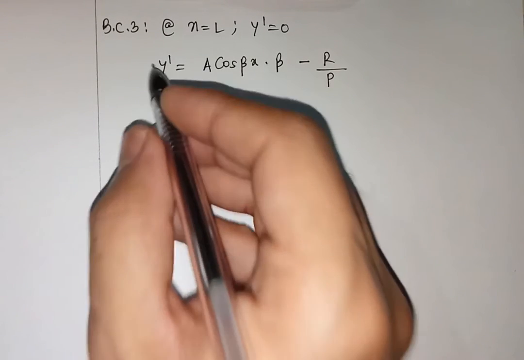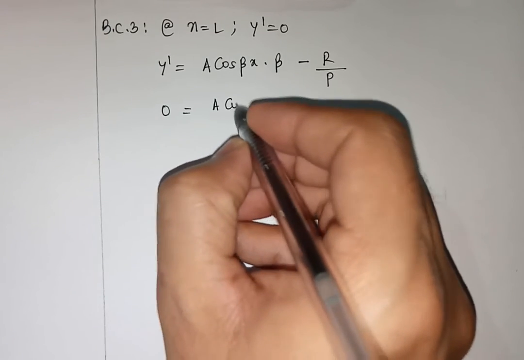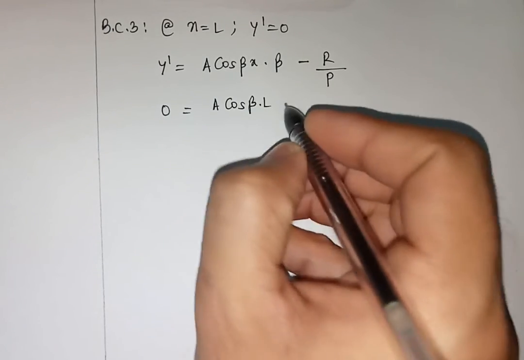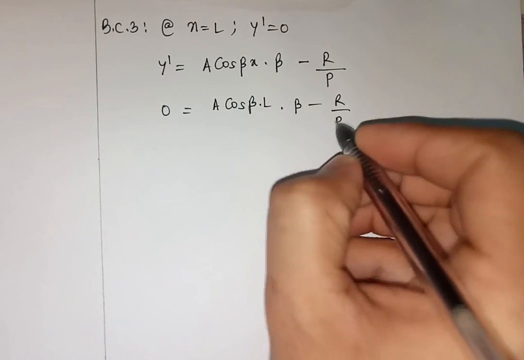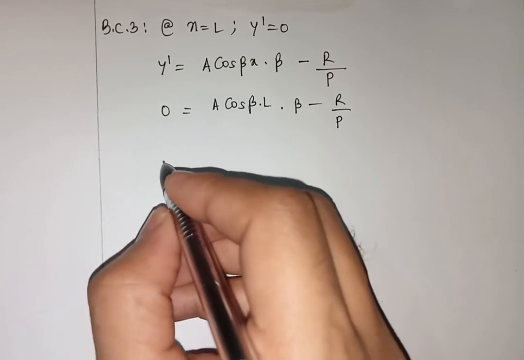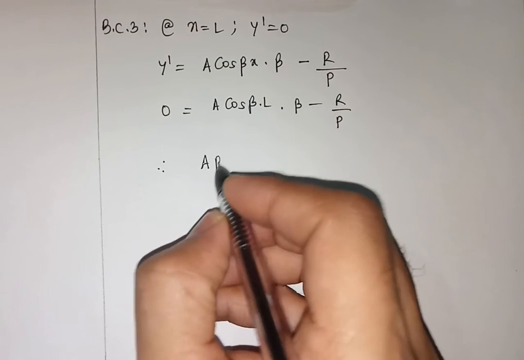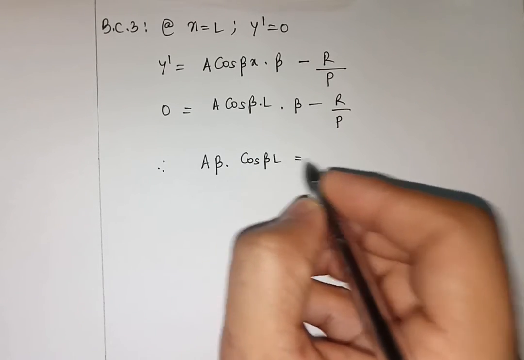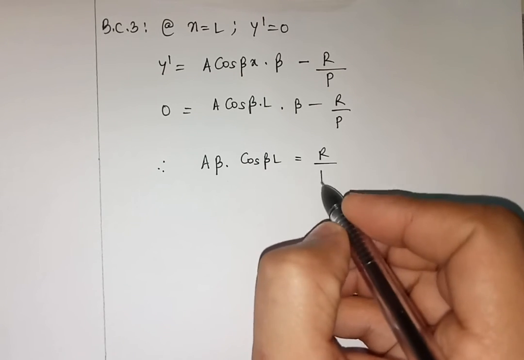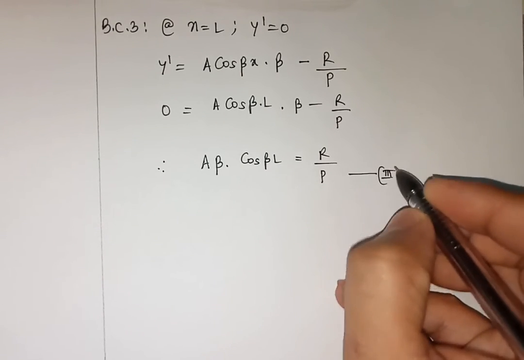Now if you put y dash is equal to 0, a cos beta L into beta minus r divided by p. So therefore a into beta into cos beta L is equal to r divided by p. This you take as equation number 3.